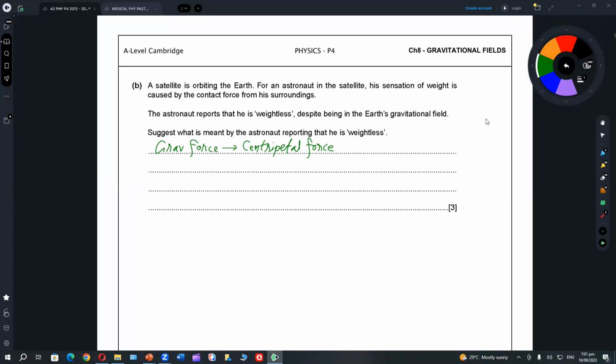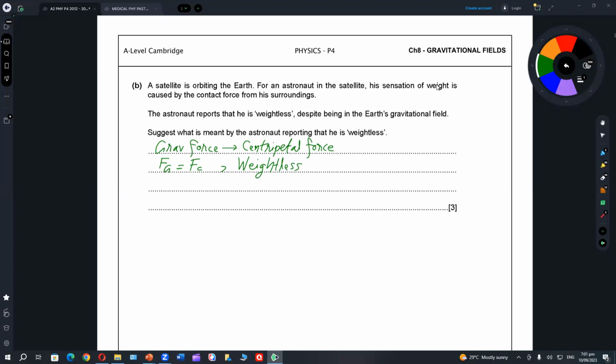So what you will answer is that the gravitational force is providing the centripetal force. Fg becomes Fc. This is a weightless situation, because all of the gravity is converting into centripetal force.